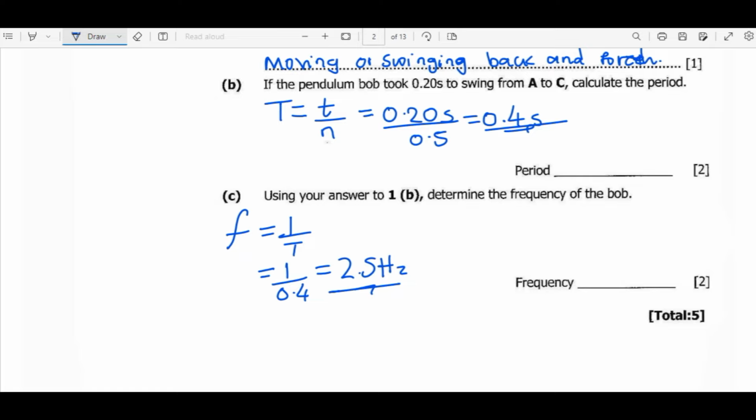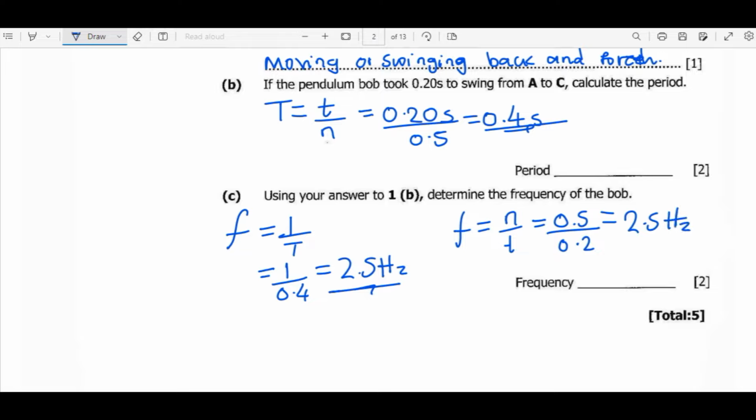Or if you want, we can find the same answer for frequency using the reciprocal of the formula for period, which is, instead of t over n, we write n over t. So the number of oscillations is 0.5 over the time, 0.2. 0.5 divided by 0.2, I'm getting the same answer, 2.5 Hz.